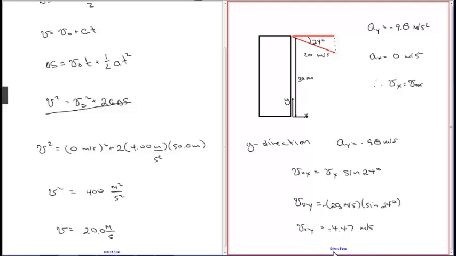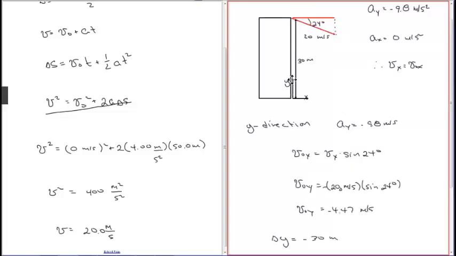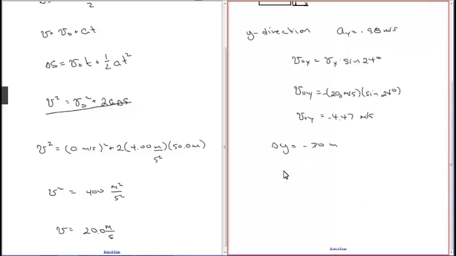Okay, so we know the acceleration, and we know delta y. Delta y is going to be negative 30 meters. It's negative because we're going down. Positive y is up.